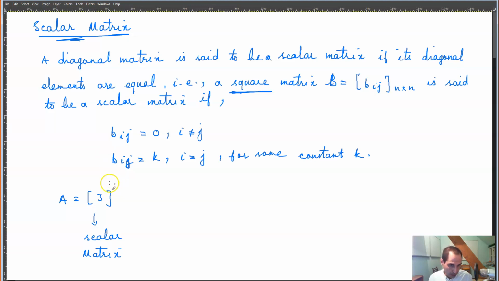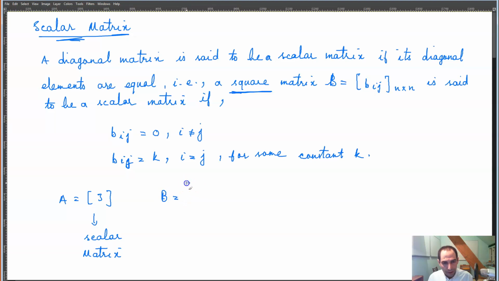But in this particular case you can consider this as a diagonal matrix, right? And it is a scalar matrix because across the diagonal all of the elements are equal to some k, and in this particular case the k is equal to 3, for example, right?